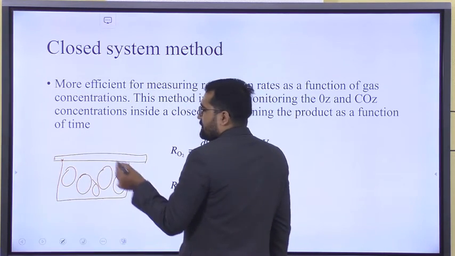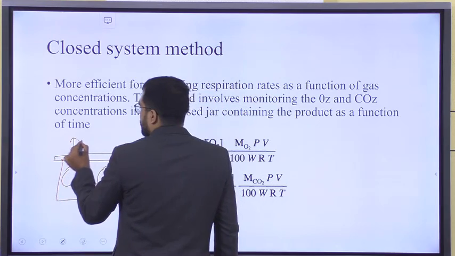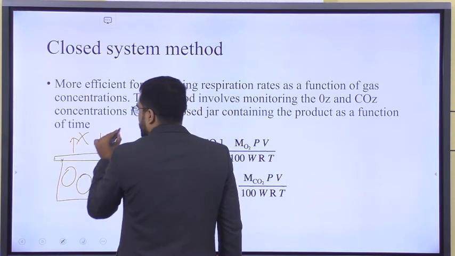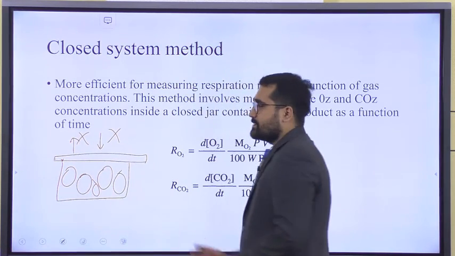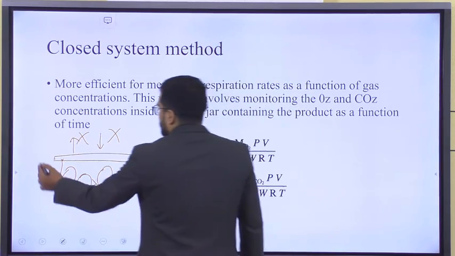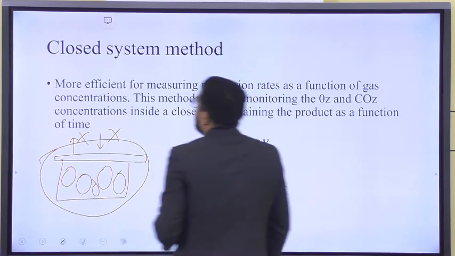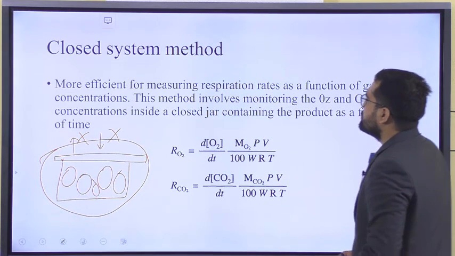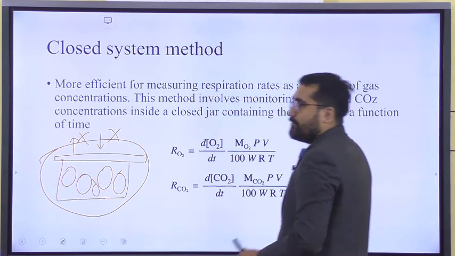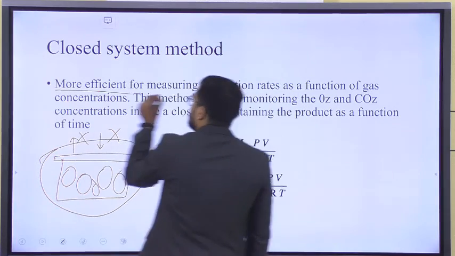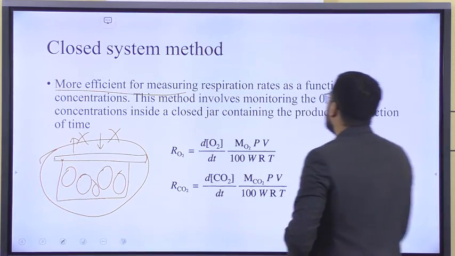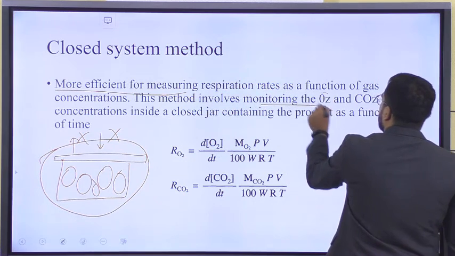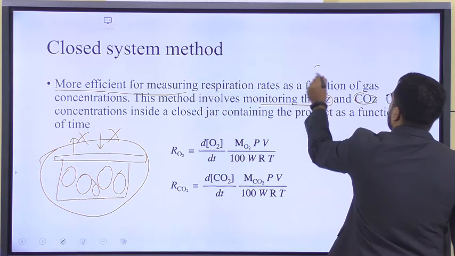Nothing will be going out, nothing will be getting in a closed system. Everything will be trapped inside the system. So measuring the respiration rate as a function of gas concentration is more efficient in this system, and it involves monitoring of CO2 and O2.